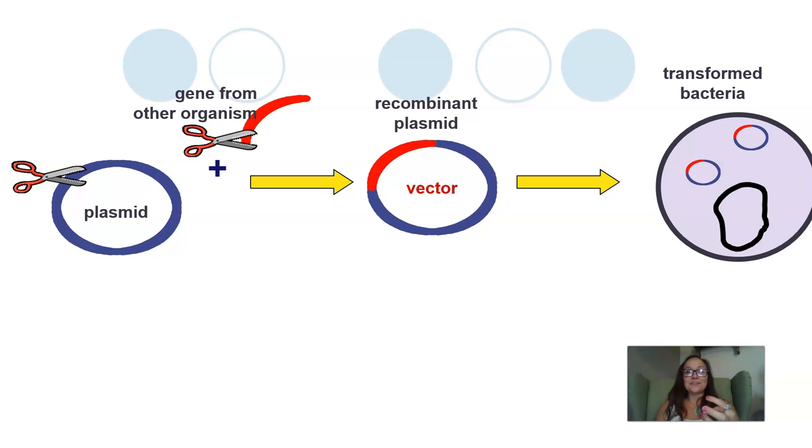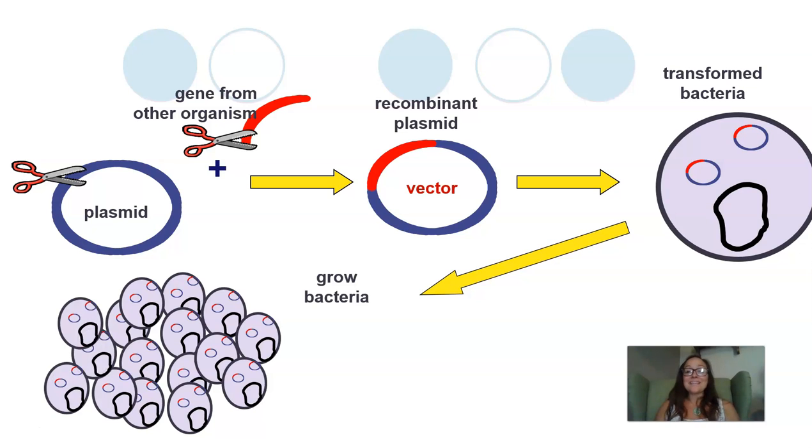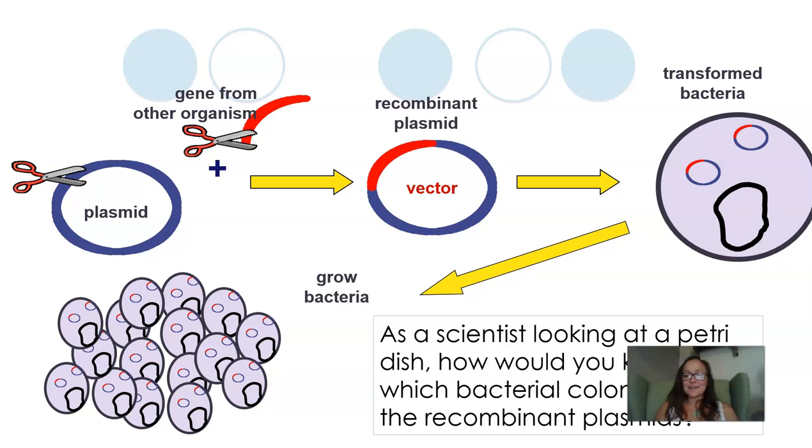If a bacterium takes up a recombinant plasmid, when that bacterium undergoes binary fission, it's going to make copies of that plasmid. So over time, you'll have a whole colony of transformed bacteria.